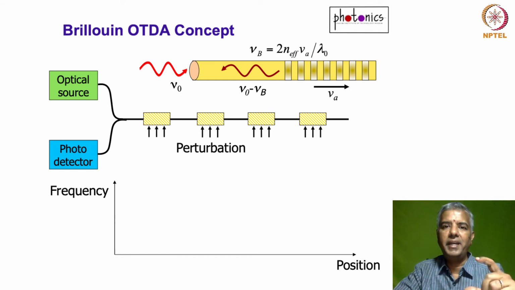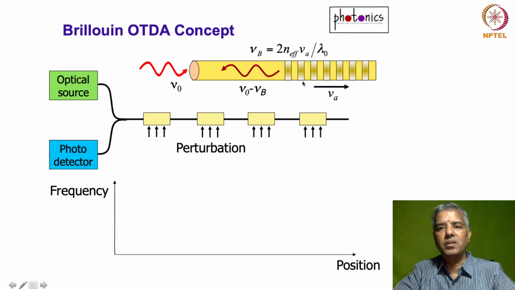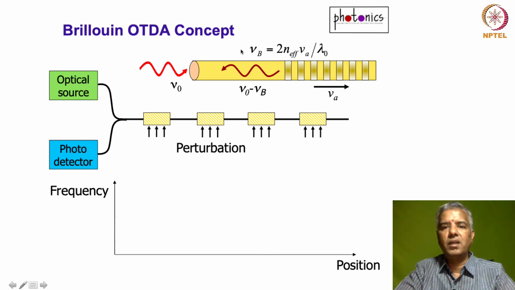Basically, if you have a high electric field across a material, it compresses the material, right? It makes the material more dense, and correspondingly you will have a change in the refractive index corresponding to the constructive interference of these oppositely traveling waves.